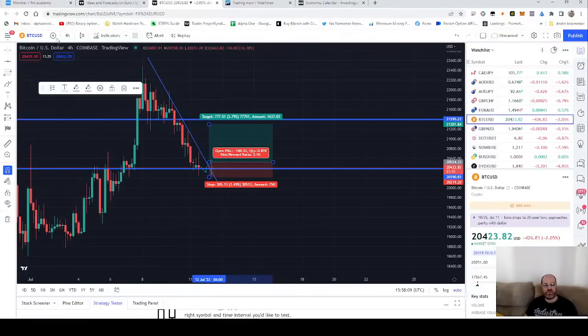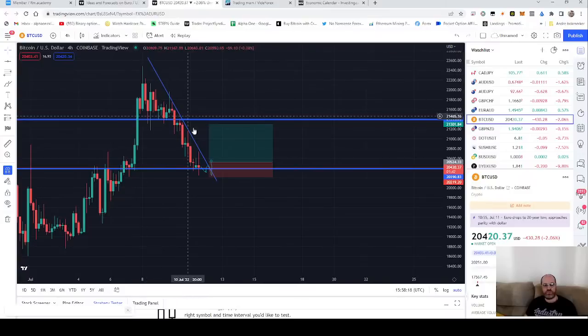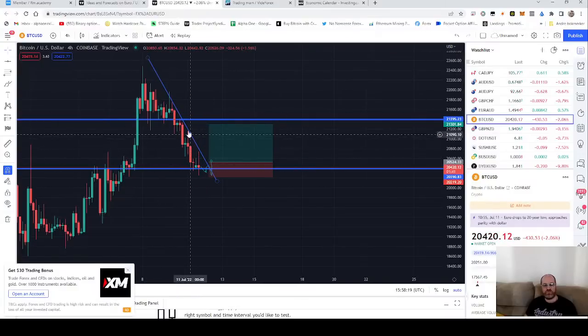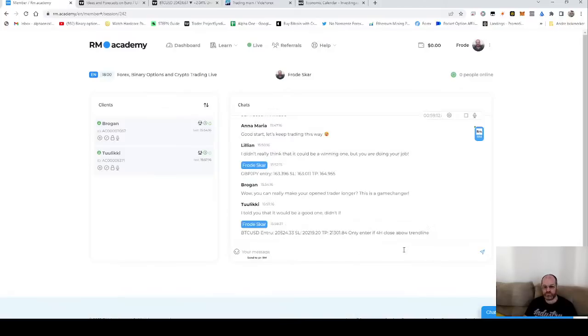So mark, take 4 hour, just go here. This one you see here, the second one. Choose trend line and just make a line like this. So you need to close above the trend line. I will need to write that down so you don't open right now. Trend line. There we have it.